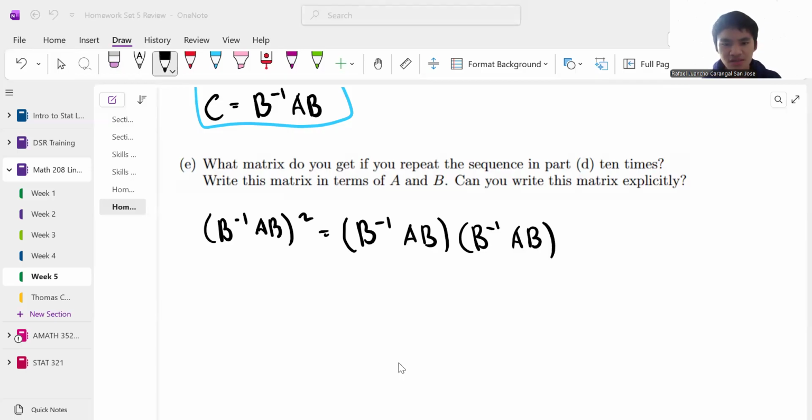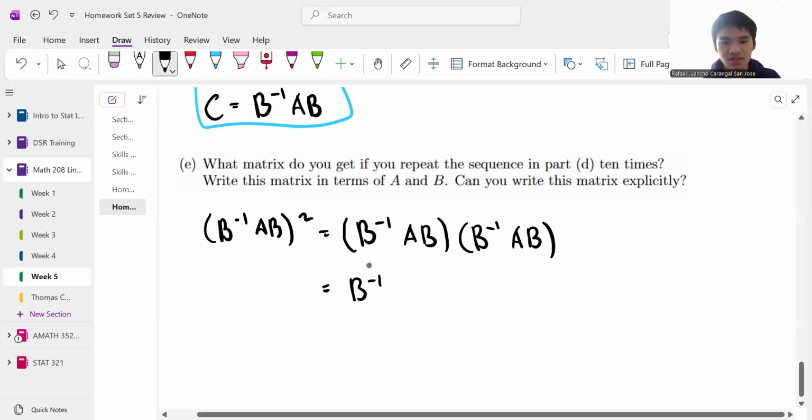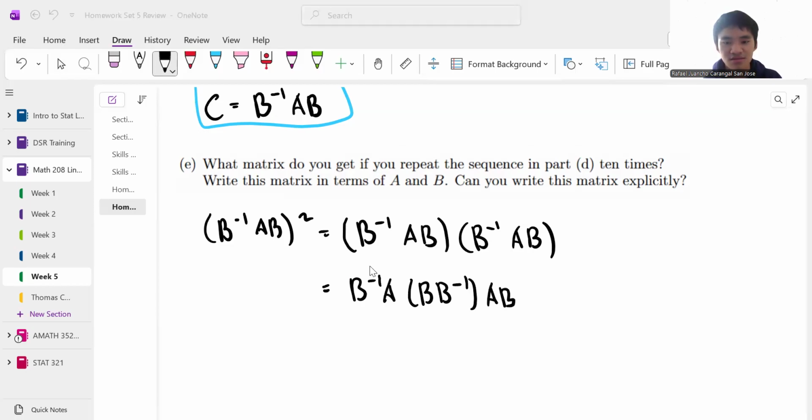Well, I would just straight up multiply all of these. We're going to do associative, right? So we could do this. And then we multiply this thing first. And that would give us an identity, right?